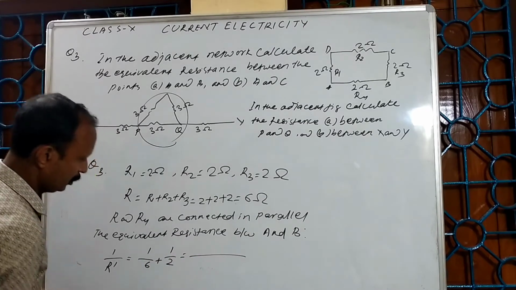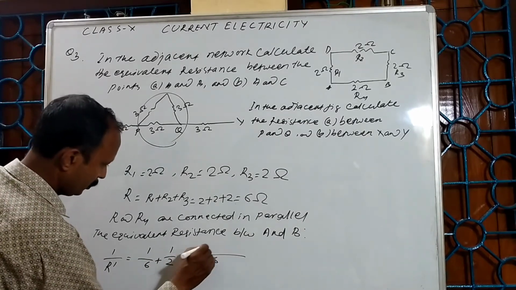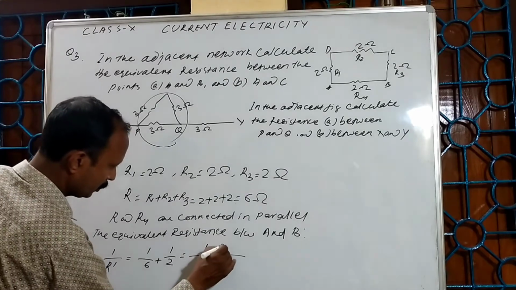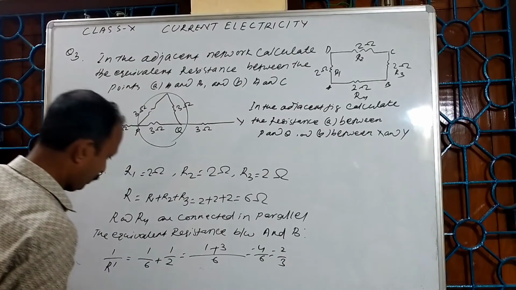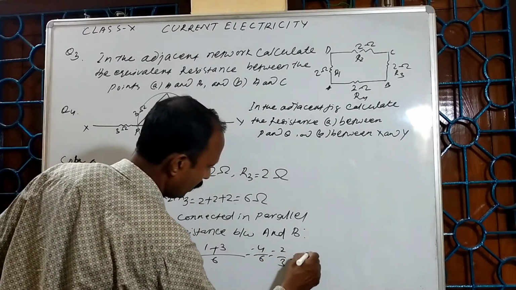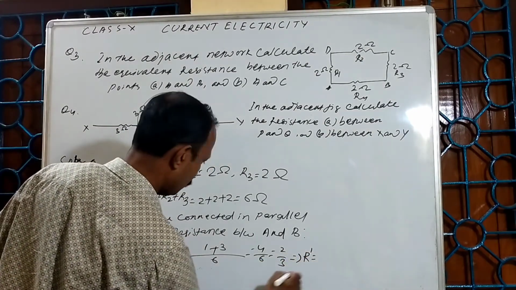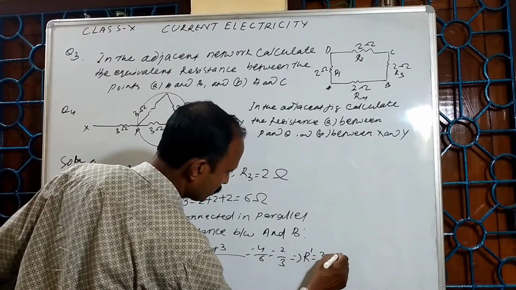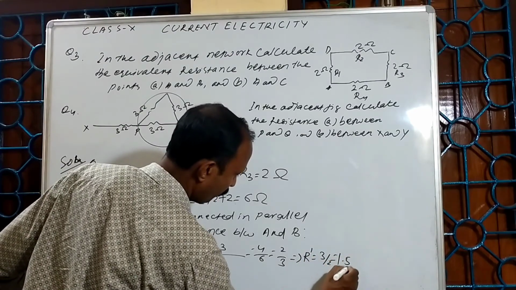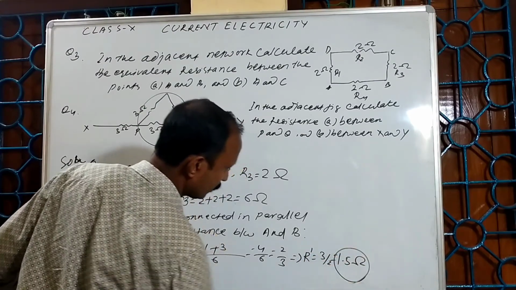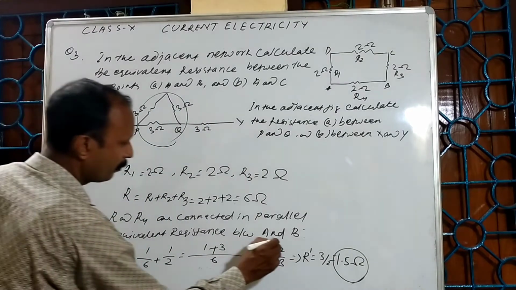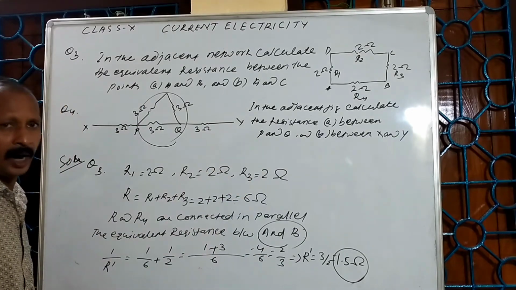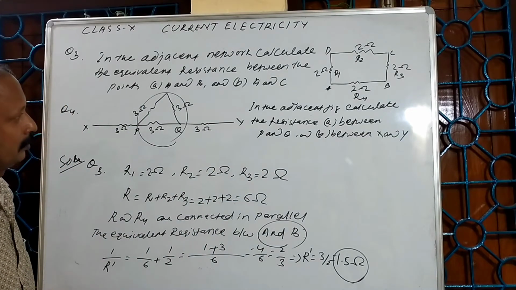This is 6 LCM, 1 plus 3, this is 4 by 6 equal to 2 by 3, implies that R dash is equal to 3 by 2, this is 1.5 ohm. This is the equivalent resistance between the points A and B.